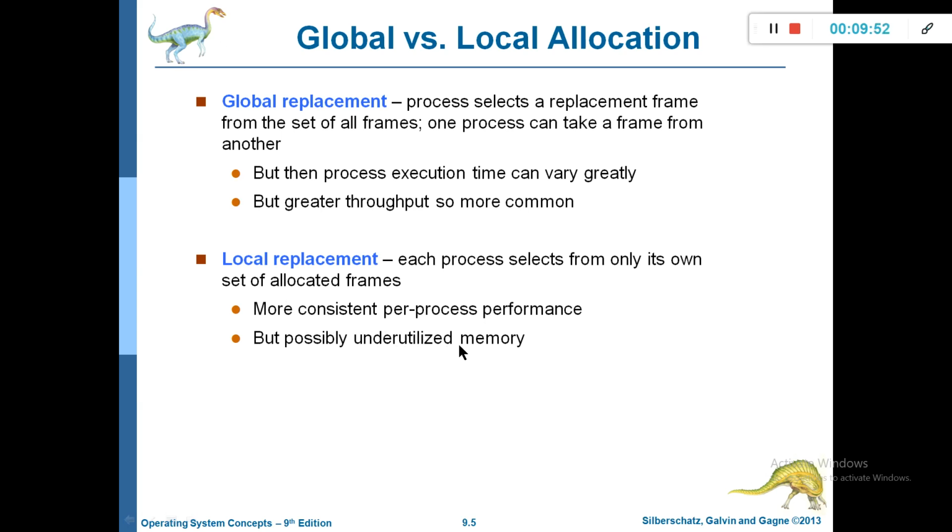There is underutilization of memory because we are distributing the memory using fixed allocation, in which we have studied equal and proportional allocation. If you use equal allocation, the frames are distributed equally to many processes. Some processes have frames that cannot be utilized. That is the problem we face with local replacement, called underutilized memory.